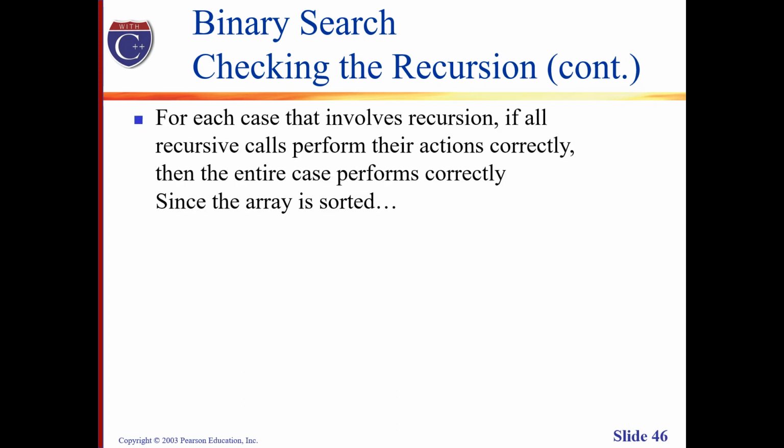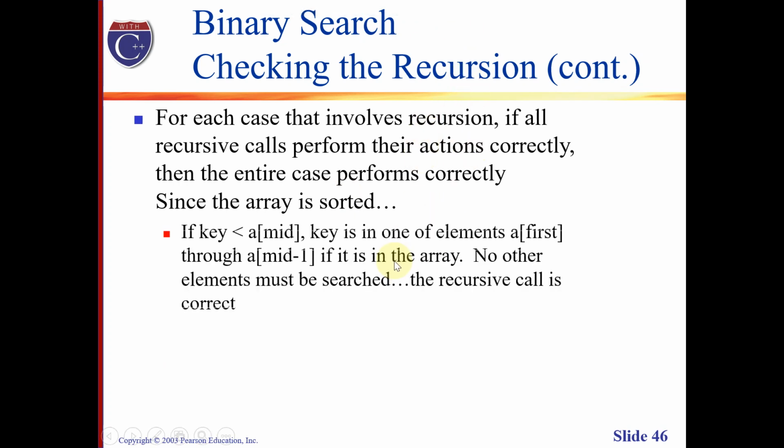For each case that involves recursion, if all recursive calls perform actions correctly, since the array is sorted: if key is less than the middle element, key is in one of the elements in our first half, or our lower half, if it is in the array.